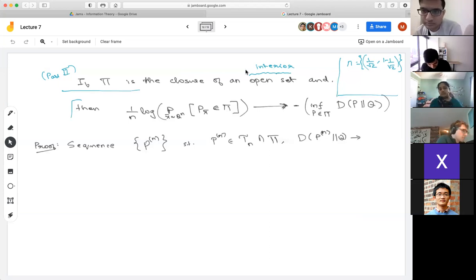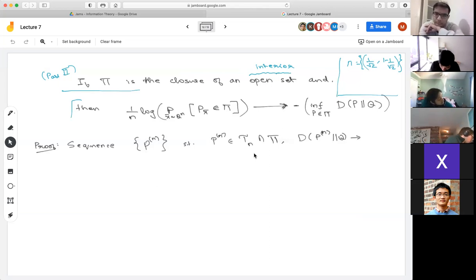All right, so the way we will prove it is to choose a sequence of distributions, which I'm denoting by p superscript n. I'm using the same parameter n as the number of samples because we will think of n as the number of samples we will draw from p superscript n.